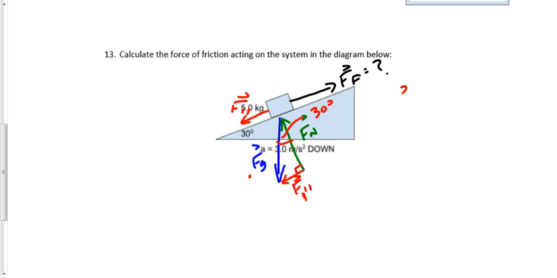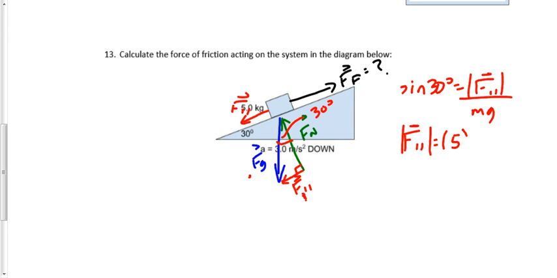So we're going to say sine 30 degrees is equal to opposite over hypotenuse, force of gravity, or m times g. F parallel is 5 again, times 9.81 times sine 30, which is 24.525 newtons.